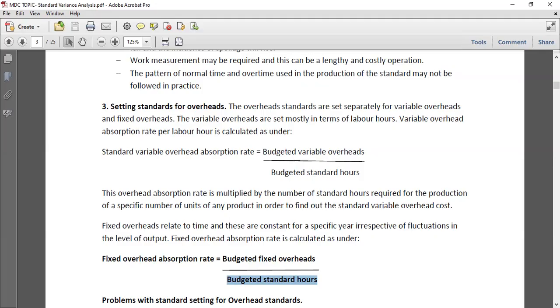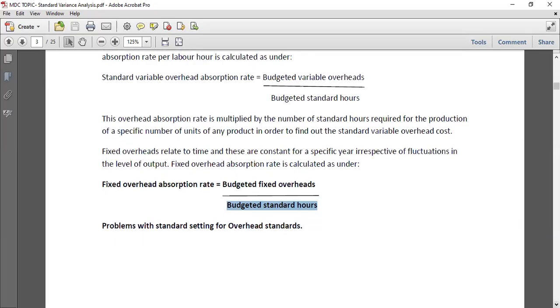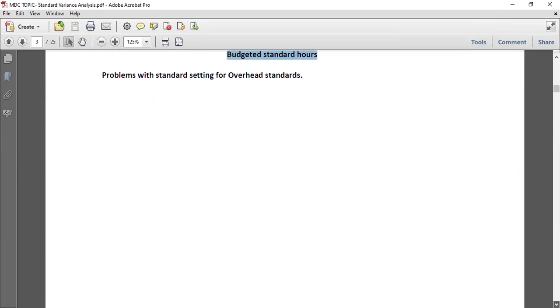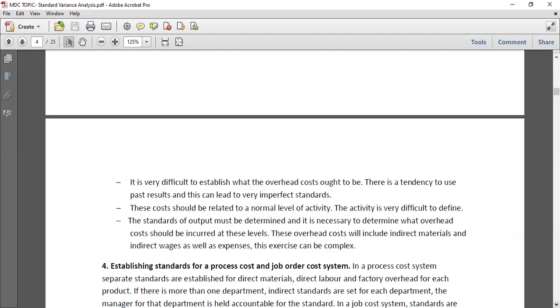In the same way, we also have some challenges when it comes to setting standards for overheads. One of those could be being able to distinguish between what is variable and fixed.